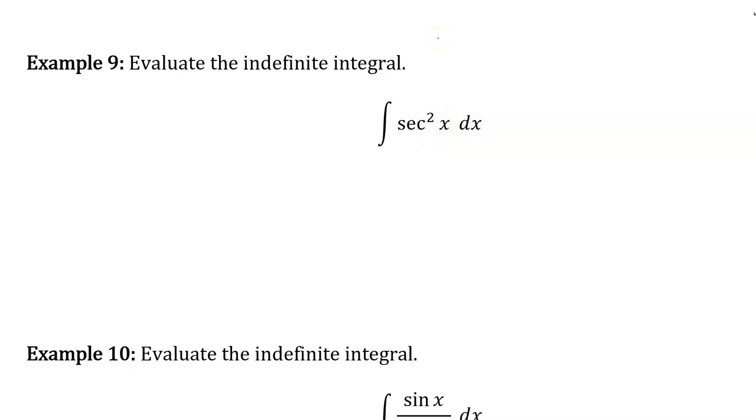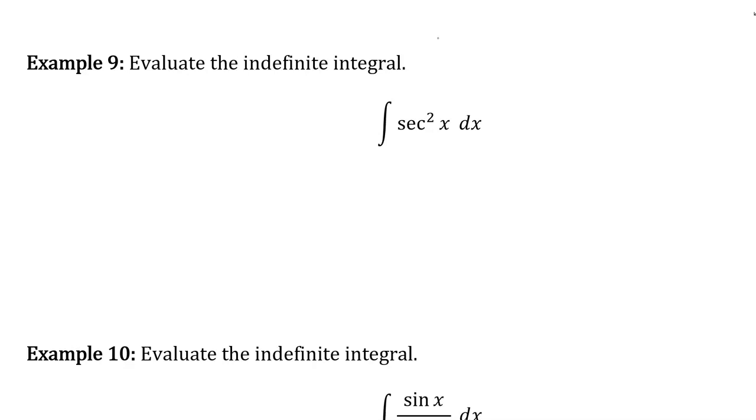In this case, you should have an immediate red flag in your head go off, because the derivative of something is exactly secant squared. We've been doing derivatives for a long time now. Hopefully you have many of them memorized.